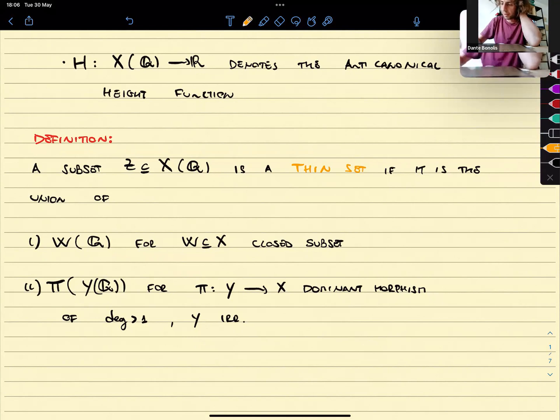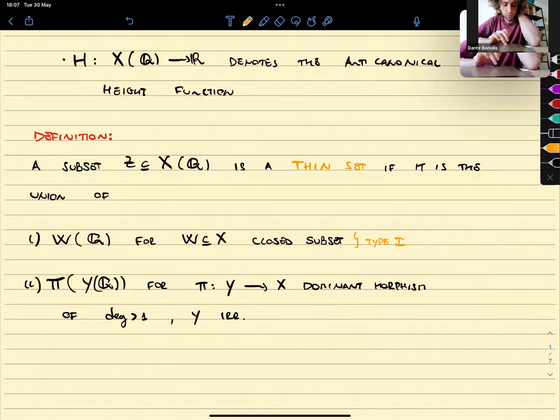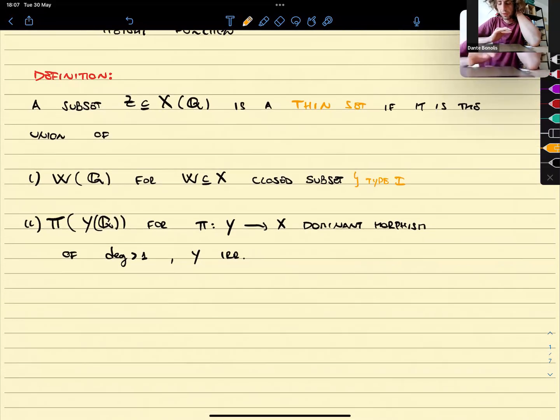This is usually called a type 1 thin set. The other option instead is to consider a dominant morphism of degree larger than 1 from an irreducible variety Y to X, and then take the image of the rational points of Y. This is usually called a type 2 thin set.